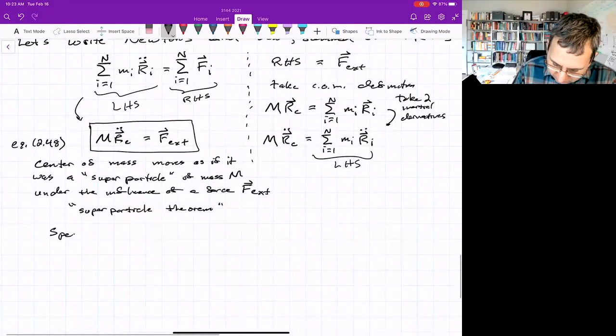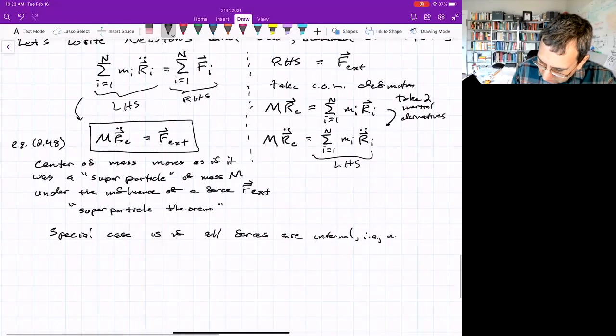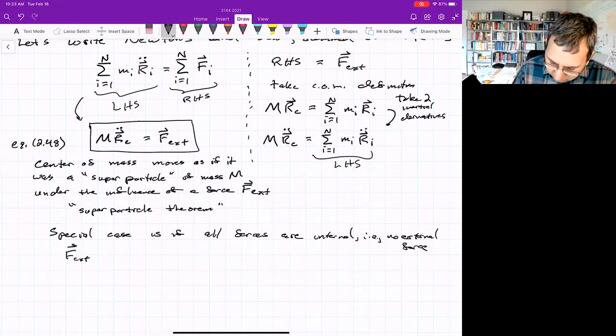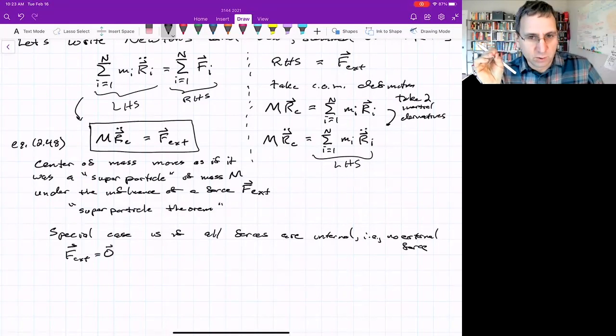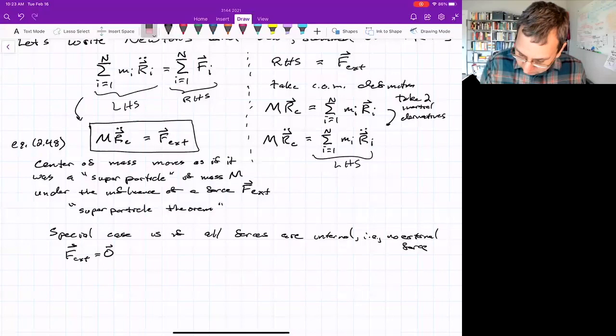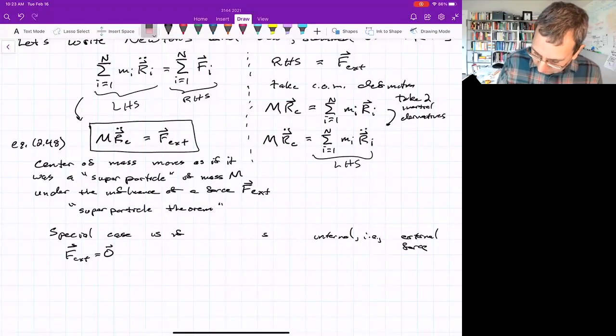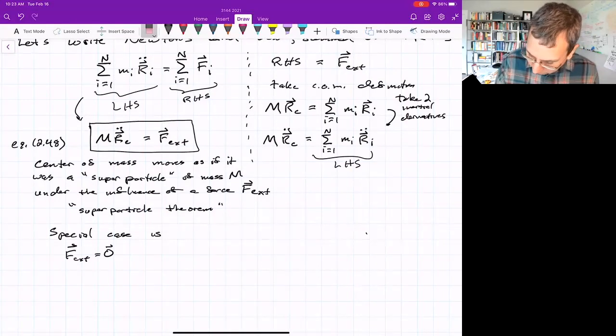The special case is if all forces are internal. That is, there's no external force. If there's no total external force, right, there could be on each individual particle an external force, but if somehow by some magic they cancel out, then you've got no total external force. So I should probably not say all forces are internal. I should say there's no total external force.